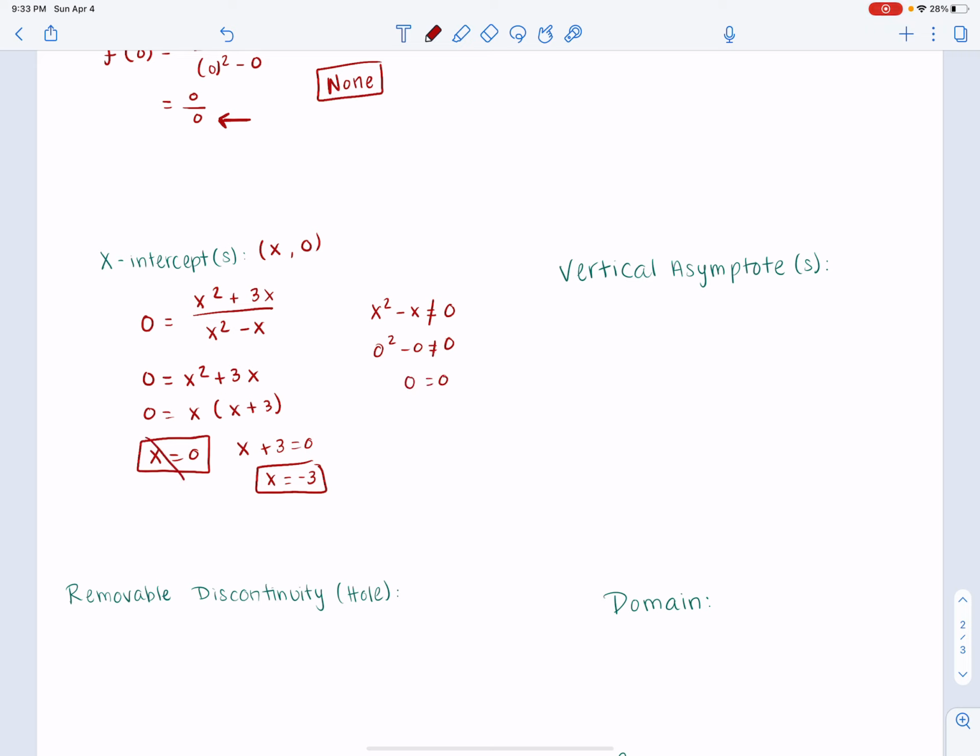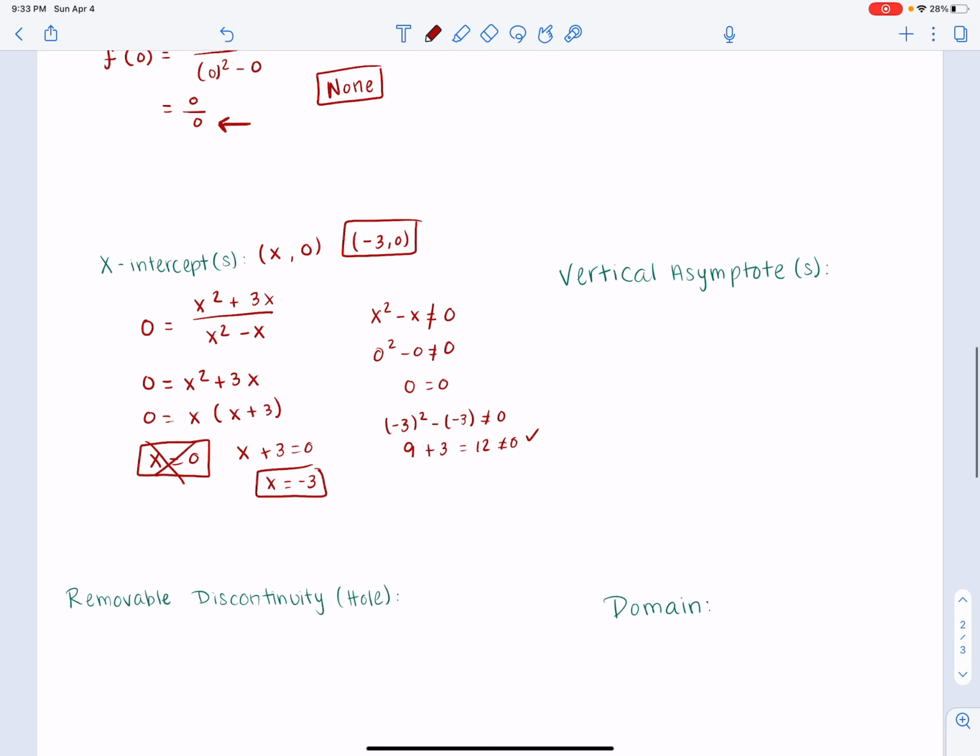So that is not a good answer because that makes my equation undefined. If I plug in -3, I need it to not equal 0. -3 squared is 9. Minus -3 is really plus 3. It's 12, which is not equal to 0, so we're good. So I do have an x-intercept at -3, 0.